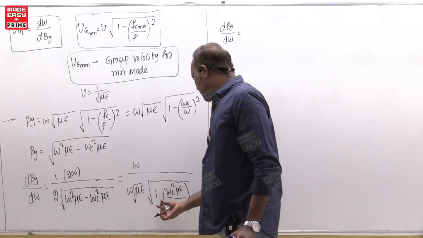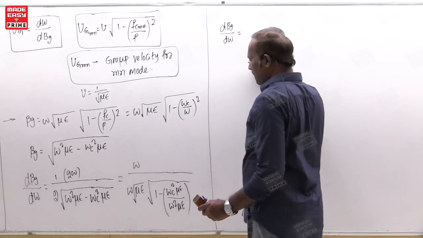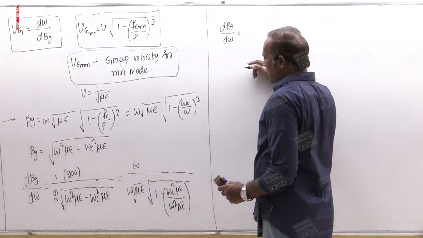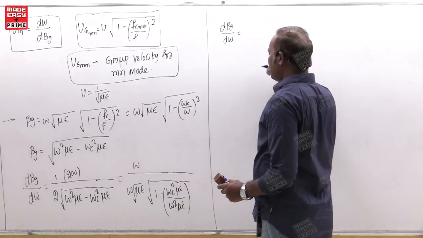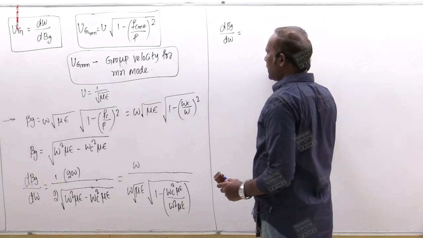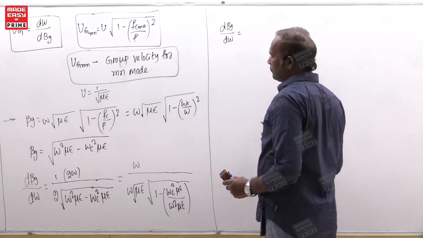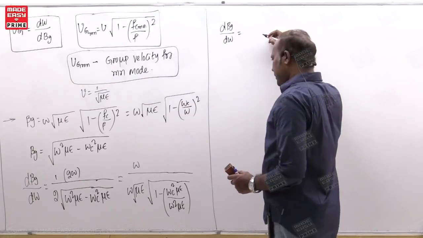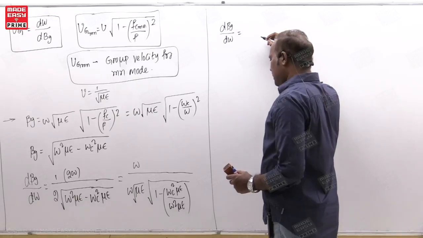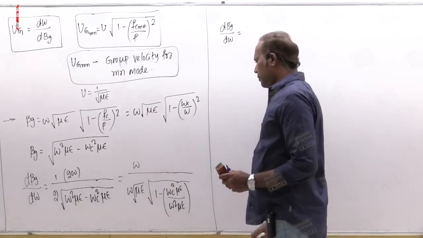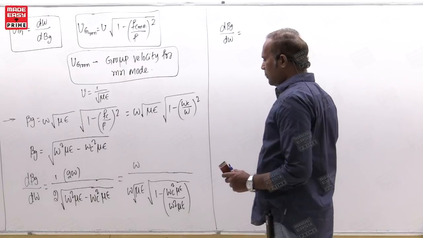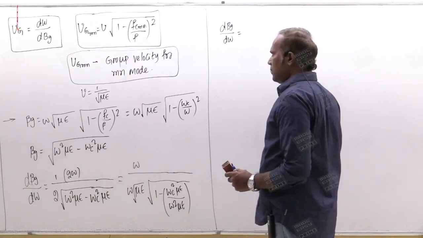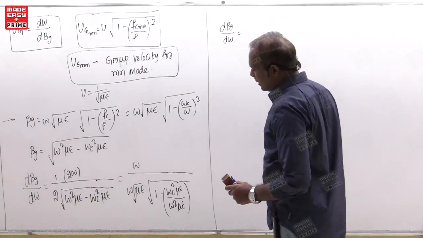You pulled out this, omega, here d omega by d beta. Anything print miss? So d beta g divided by d omega, this becomes v, then how come it is 1 by v is coming?